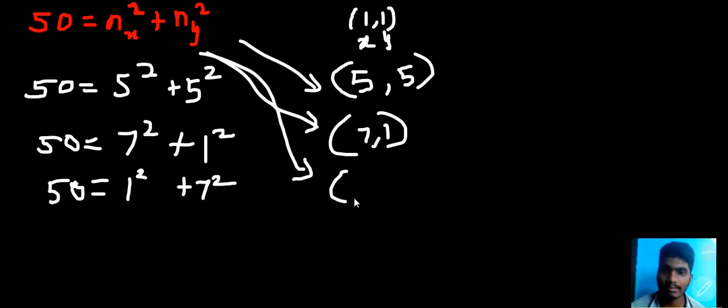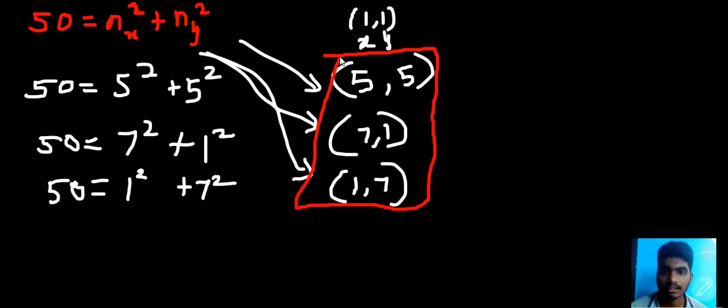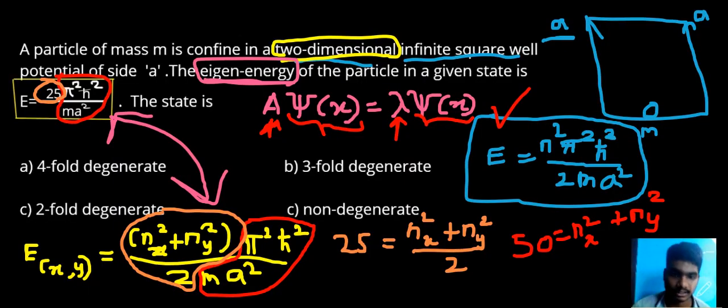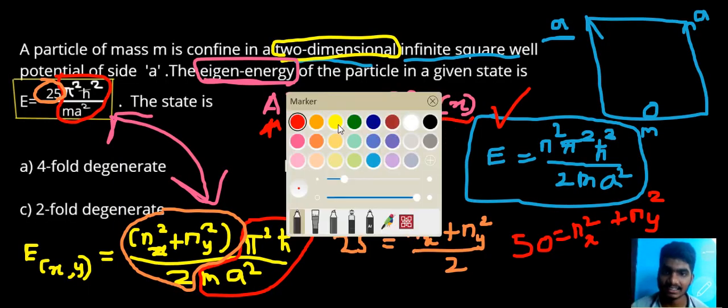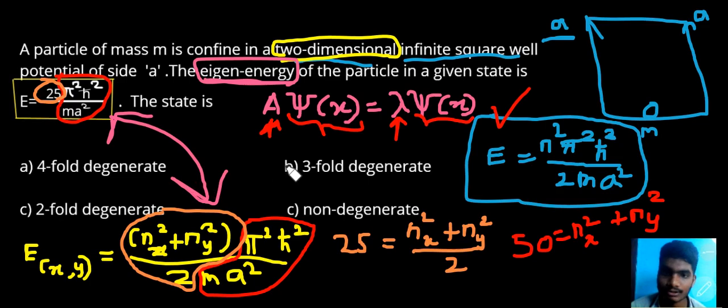So three combinations can be satisfied here: 5 comma 5, 7 comma 1 and 1 comma 7. So 3 degenerate states are possible here. The state is 3-fold degenerate, so option B is the correct answer for this question.